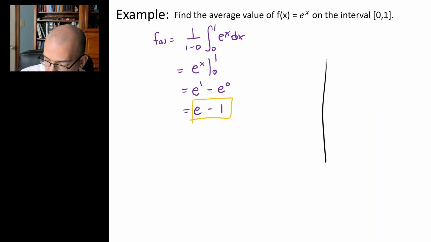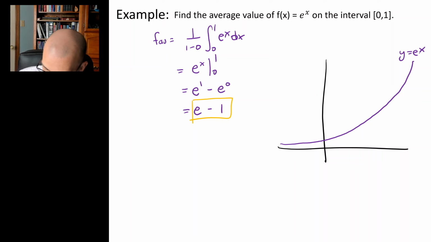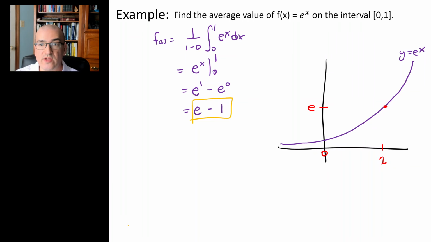I'm going to draw a quick sketch of that, just to highlight what average value means. Like, what is it that we are calculating? So we're going from 0 to 1. I want the average y value of that curve.